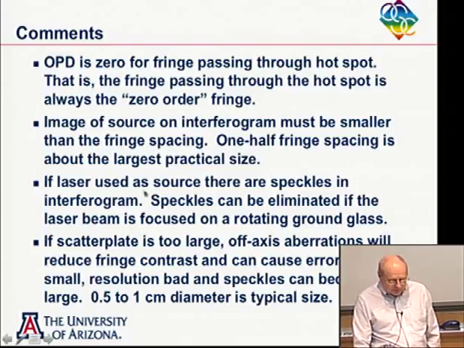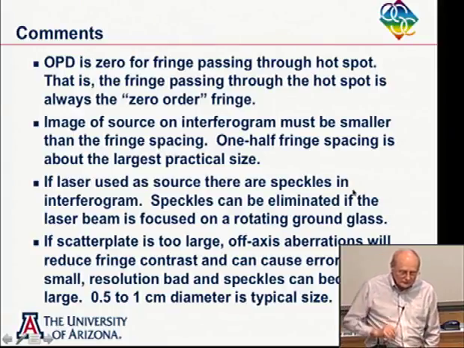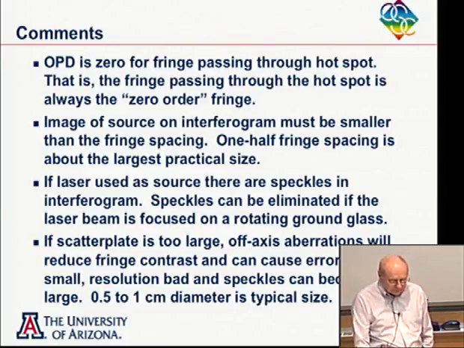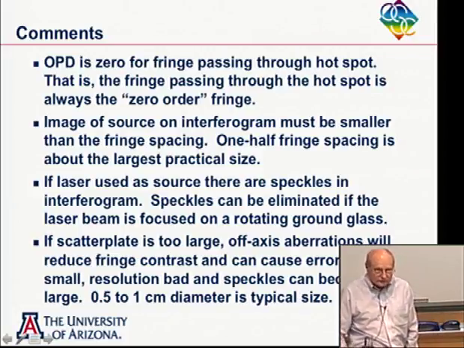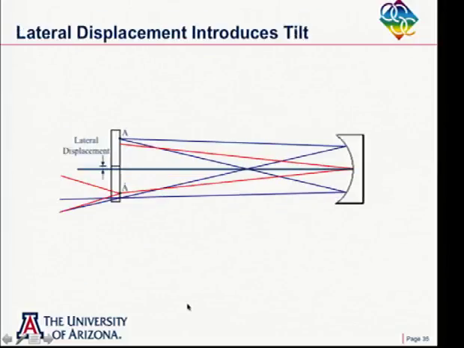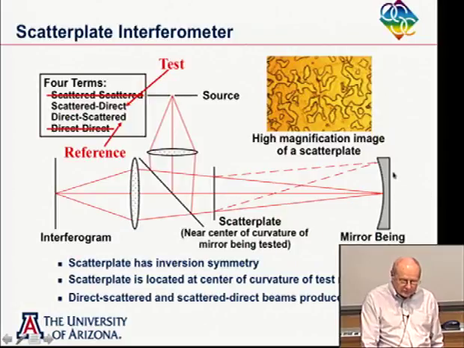And I guess I already said this down here that to get rid of the speckles, if we use a laser source, we would take the laser beam and focus it on a rotating piece of ground glass and average out the speckles. And if the scatter plate is too large, you're going to get some off-axis aberrations. That's maybe a little bit related to what you were asking a minute ago. And this is going to reduce the fringe contrast and cause error. And so the real size of the scatter plate you can put up with depends upon how far away you are from the mirror, depends upon these angles here.